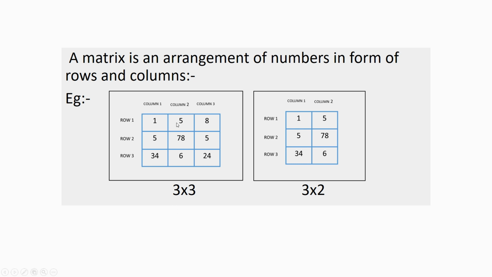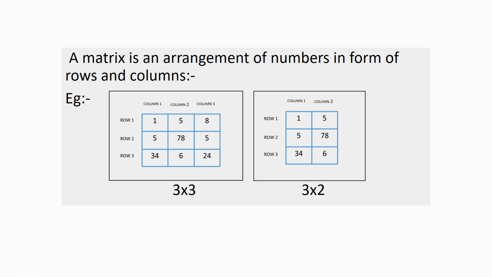Okay, so we will have nine numbers stored in a kind of an arrangement of rows and columns. Okay, so it's kind of a table, you can say. It looks like it. Okay, and this is one more example, where the number of rows are 3 and the columns are 2. So the dimension of this particular matrix is 3 into 2, so we will have 6 elements in this matrix.